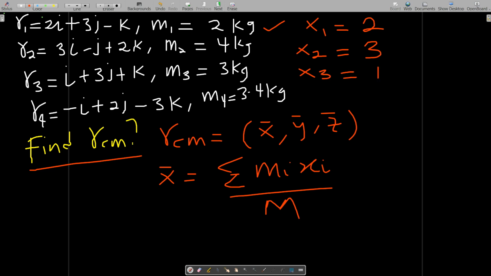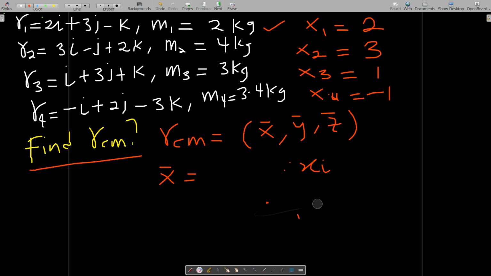I'm just writing the components of the i's. Now x4 is -1. So what this summation means is that you pick any of the x's, multiply by the mass allocated to it, then divide by the total mass.